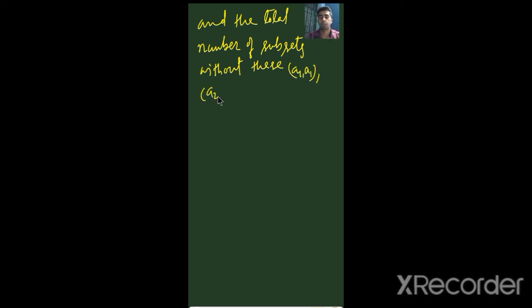The total number of subsets without these n elements (A1, A1), (A2, A2), (A3, A3), ..., (An, An) will be 2 to the power n square minus n.